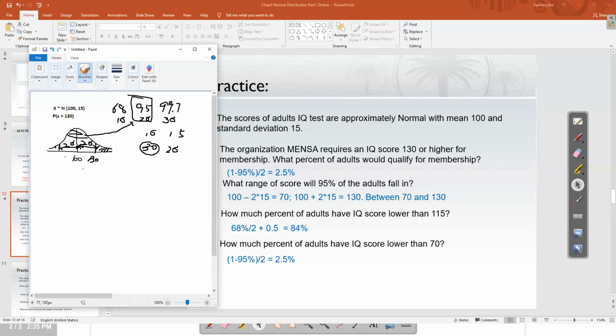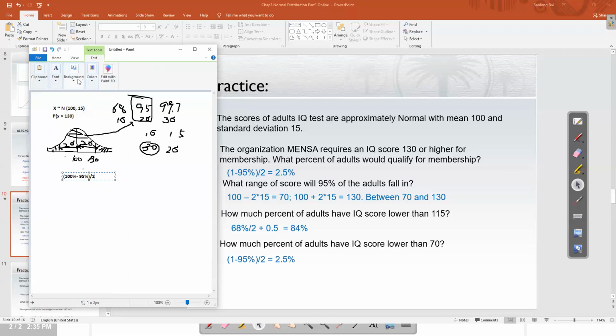So both tails, on the left and on the right, together will be 5%, right? It will be 100% minus 95%. And that's 2 tails. If we just want 1 tail, we know from the symmetry that this tail and this tail are exactly the same.